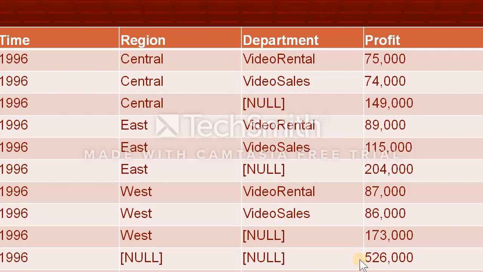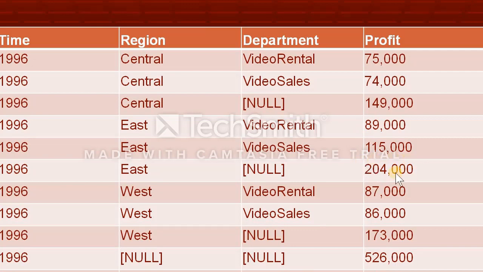So if we sum up this value, and this value, and this value, we come to this number. So this number is saying that in 1996 we got this number of profit from the central region.